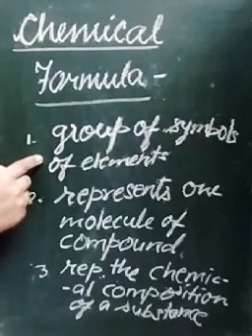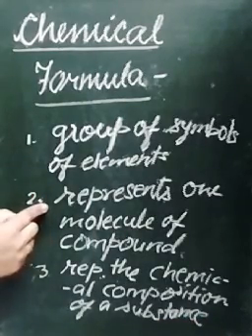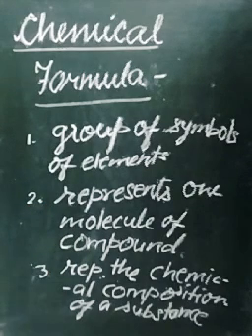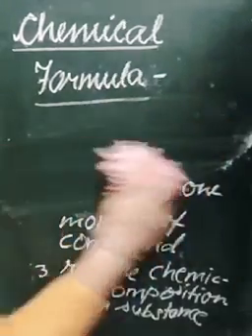It's a group of symbols of elements. It represents a molecule of a compound. It represents the chemical composition of a substance or compound. Let's see how with an example.